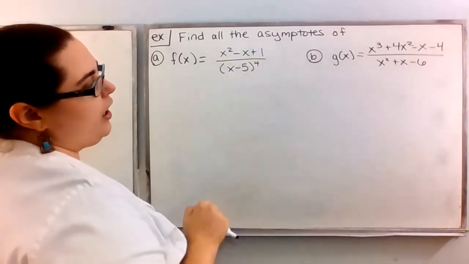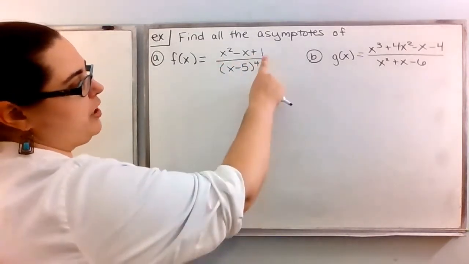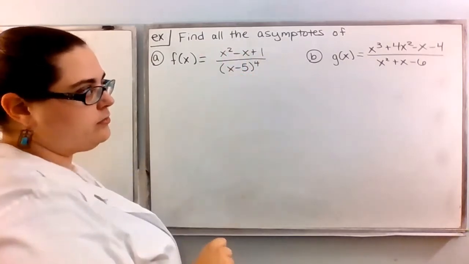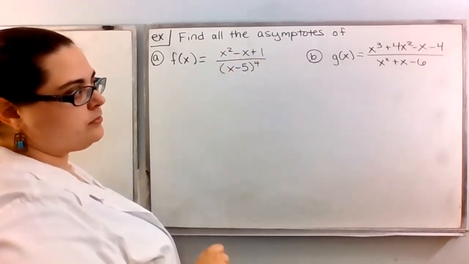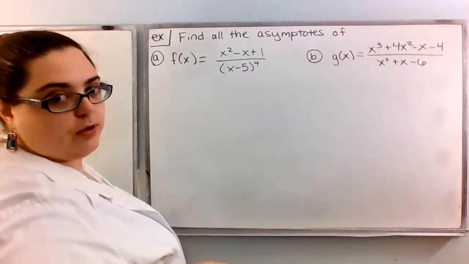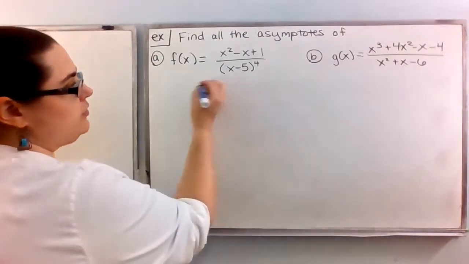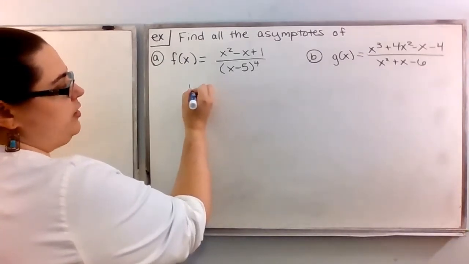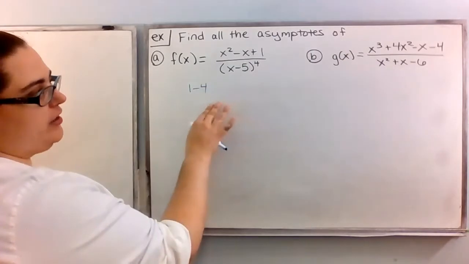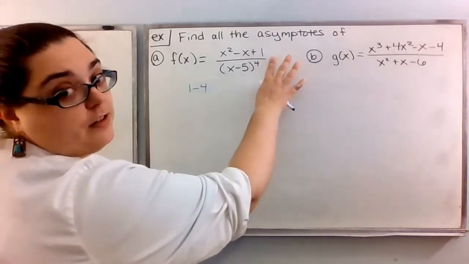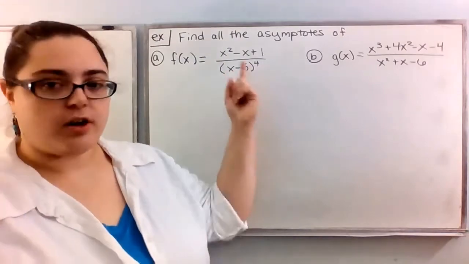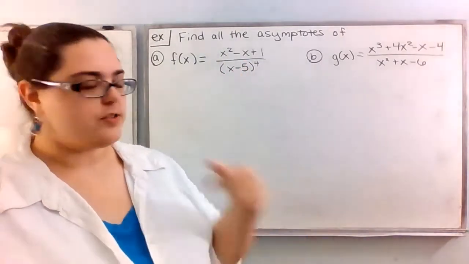For the numerator, I would need two numbers that multiply to 1 and add to -1. Can't think of anything offhand. So I'm going to check the discriminant real quick, see if I get a positive or a negative. So b squared is 1 minus 4ac. Oh yeah, that's going to be negative. So that means this doesn't factor over the reals. Okay, so this is already in simplest form, no common factors.